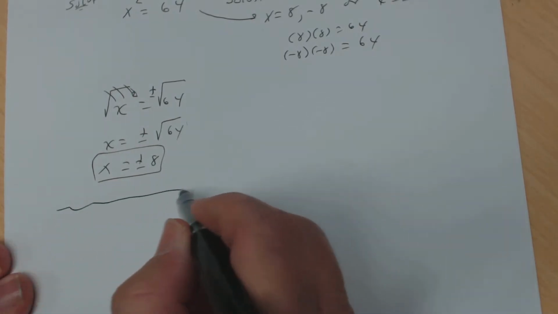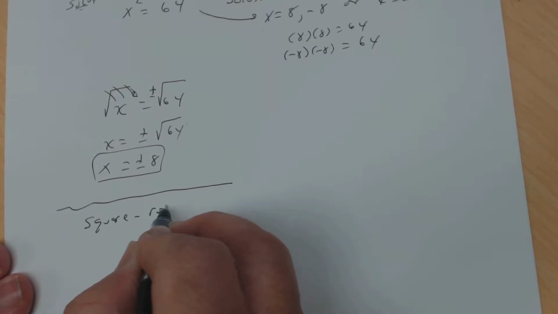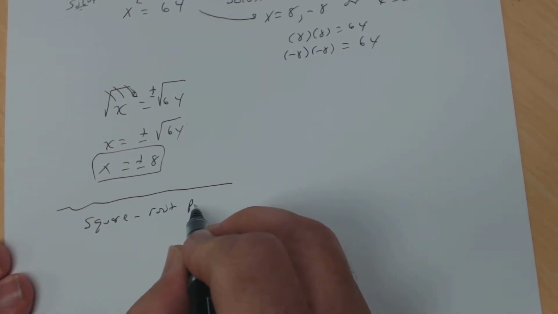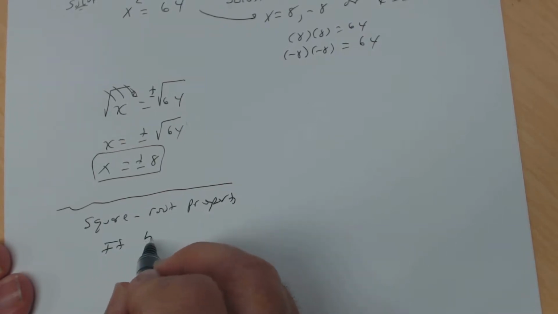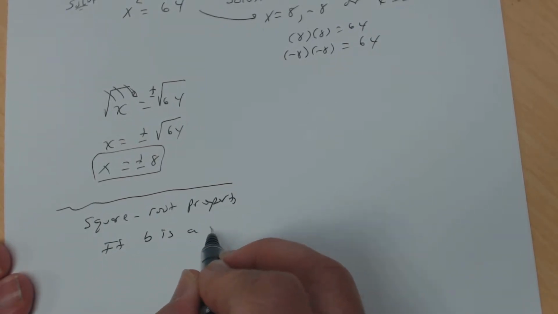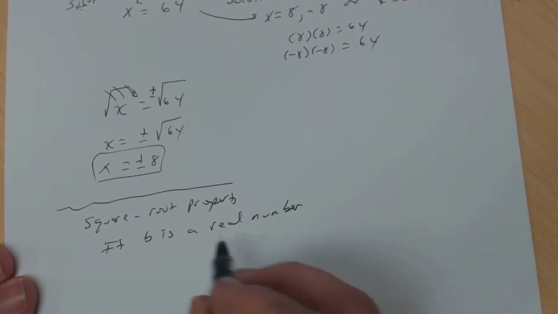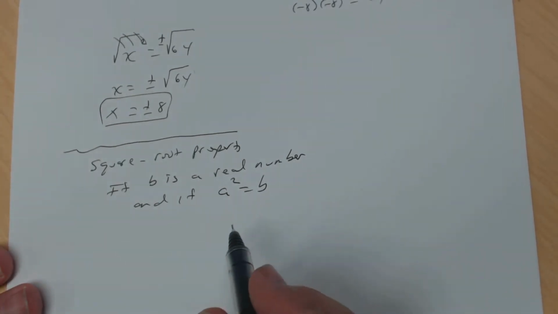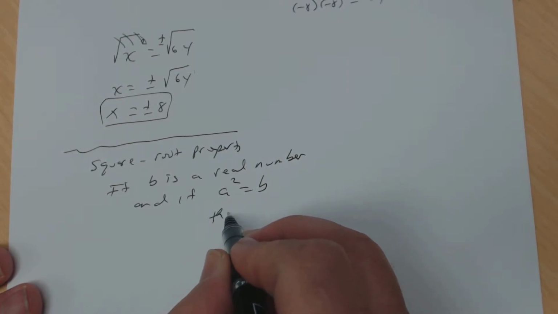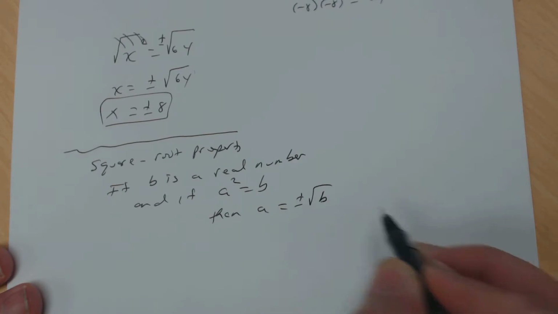And so the square root property, if you really want to look at it in terms of letters, basically says this. If b is a real number, and if a squared equals b, then a is going to equal plus or minus the square root of b.